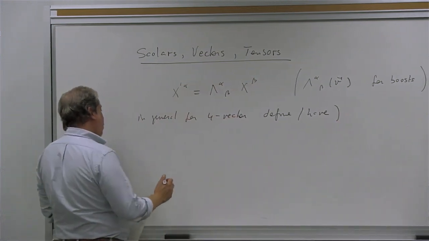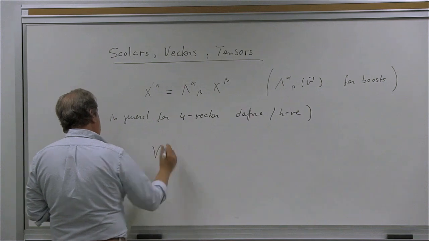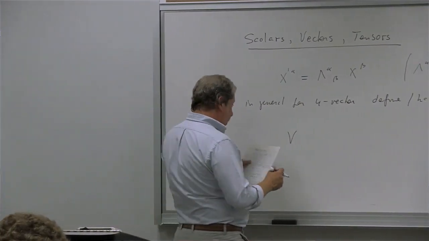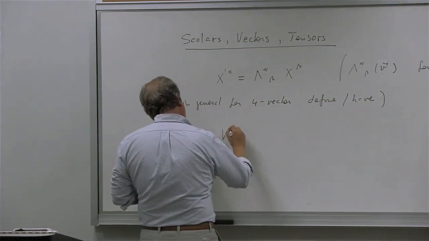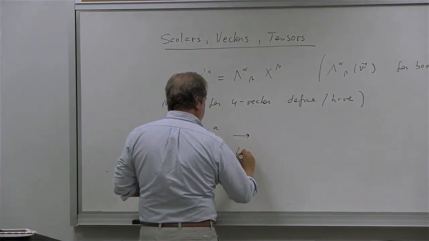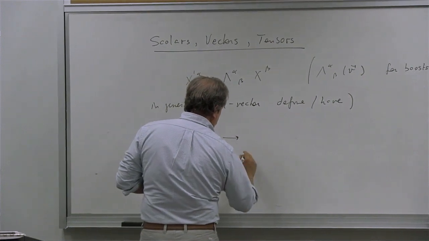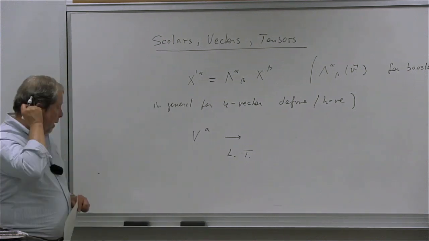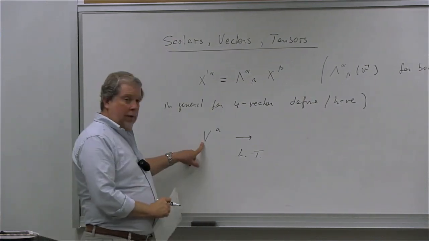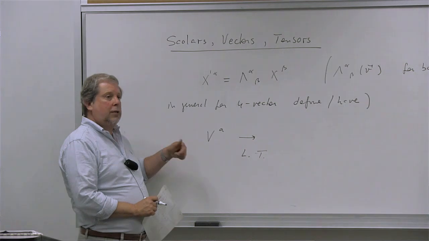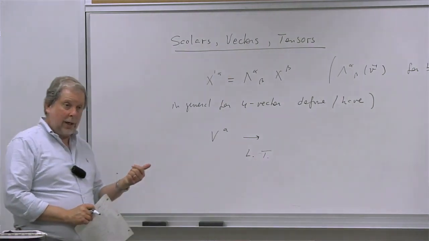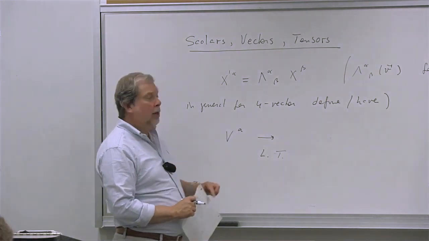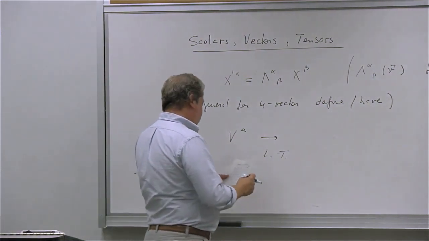So we define a 4 vector as anything that transforms the same way. So this is going to be some general vector, and we can call it v. So we take a vector v alpha and we do a Lorentz transformation on it. It could be the coordinate, but we have seen already that we have several other objects, because we had the second derivative of the coordinate and the first derivative, which are both 4 vectors, as well as the energy momentum 4 vector.